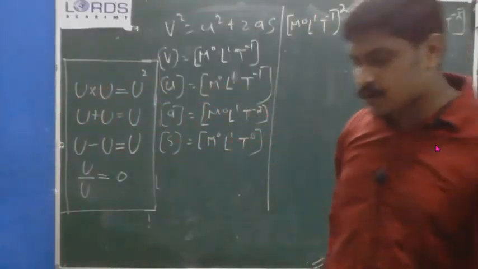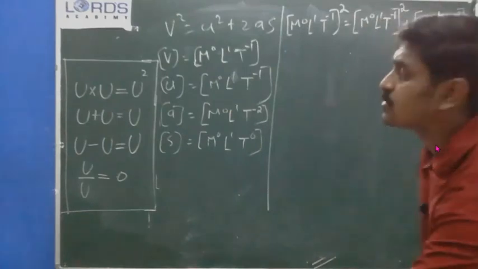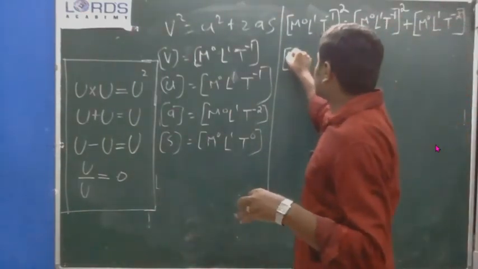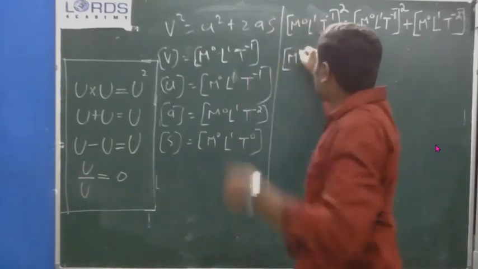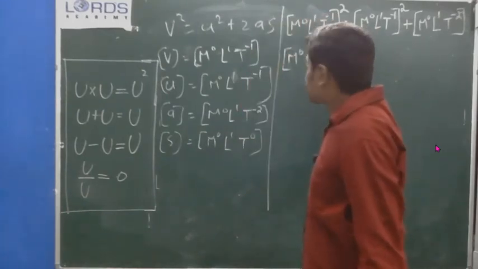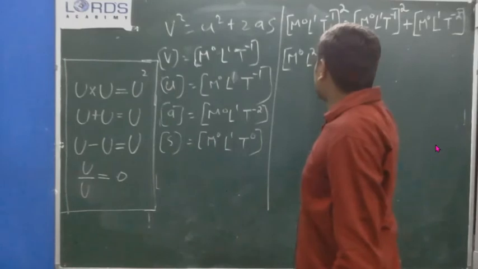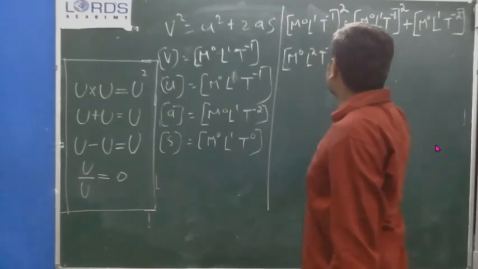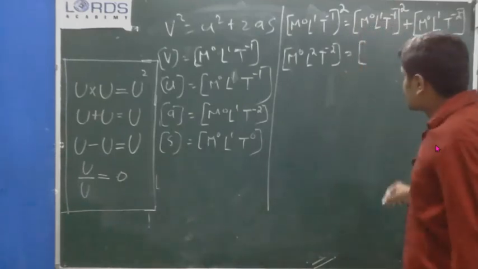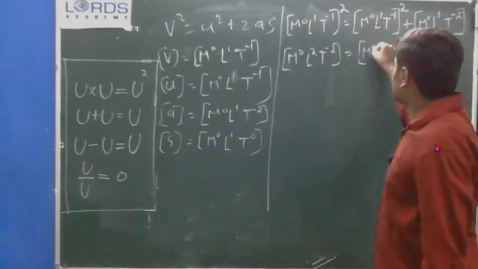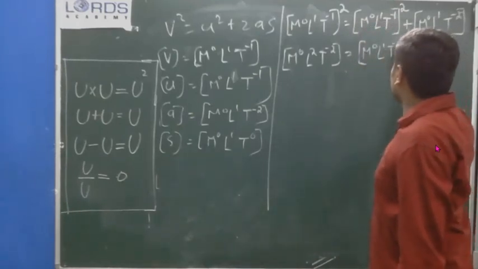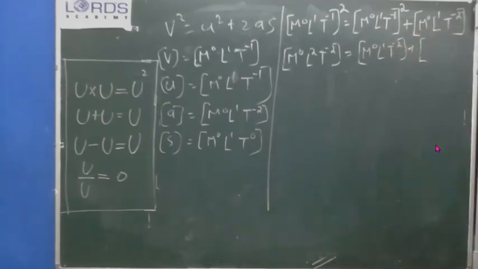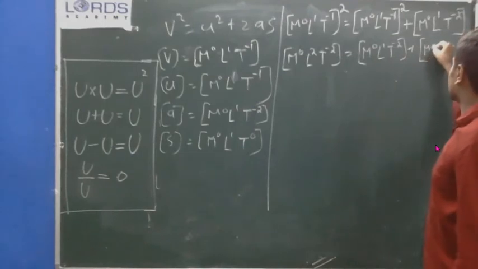Which operation do we have to do first? In this, squaring. Just give the answer. M raised to 0, L raised to 2, T raised to -2. Then here, same, M raised to 0. Okay, that's enough.